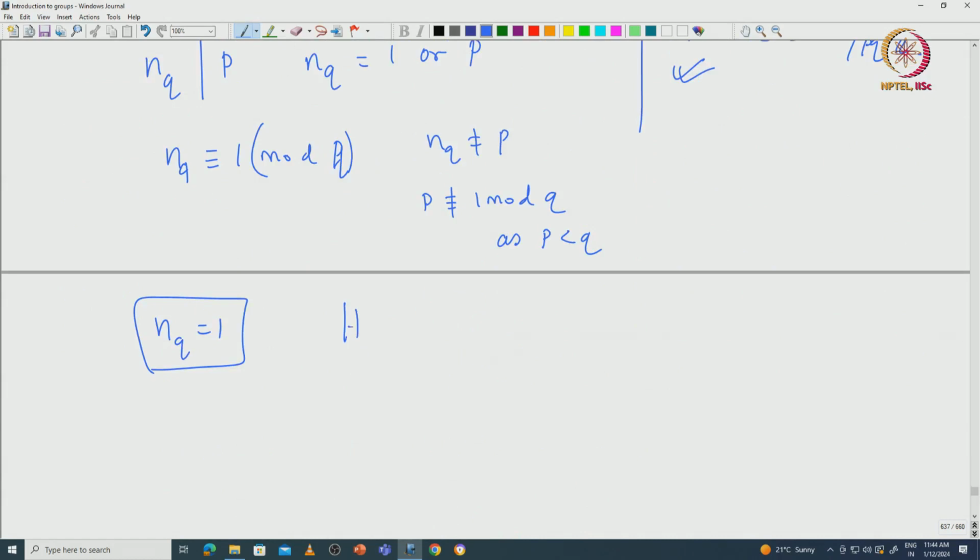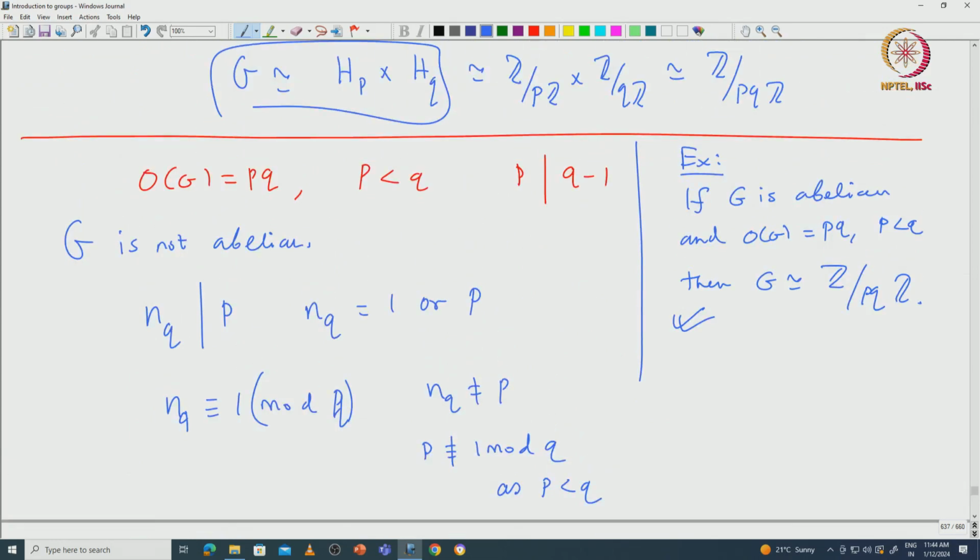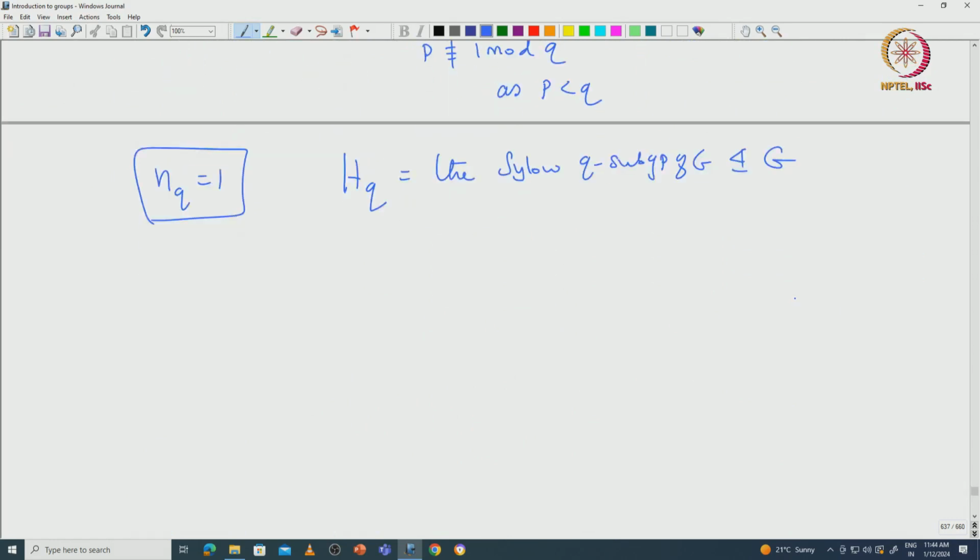So that means if you take this HQ, the Sylow Q subgroup of G, then it is unique and it is normal in G. So we can guarantee for sure there exists one normal subgroup of G. Okay.